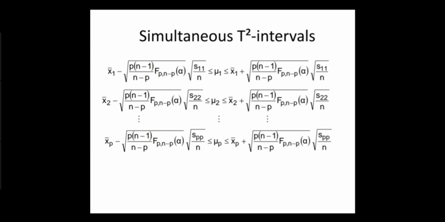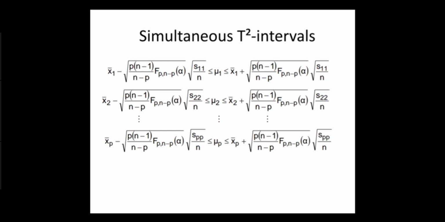Okay, so this is the formula. Because we have several x, we also have several x bar, or several mu, that we need to see whether that mu is the plausible value for the mean of the multivariate population. So because of that, it is called the simultaneous T-square interval.